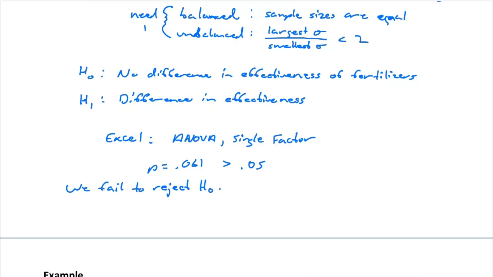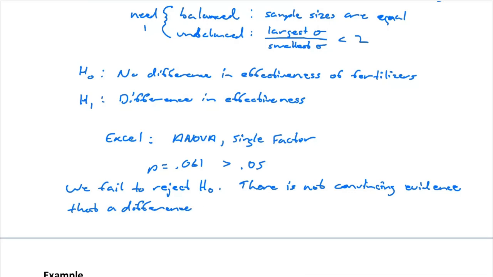In other words, there is not convincing evidence that a difference exists in the effectiveness of the fertilizers. So that's the ANOVA test.